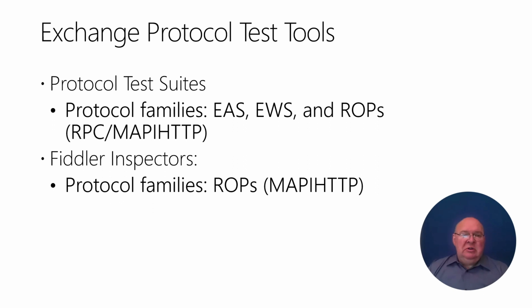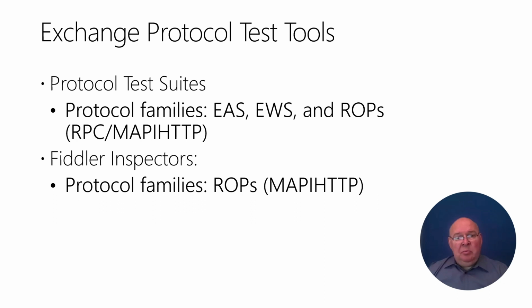And the test suites are interesting in how they were developed. We take normative language from protocols and develop a synthetic client based strictly on this normative language, what the protocol says. And then we run those test suites against a real Exchange server and make sure that they work.